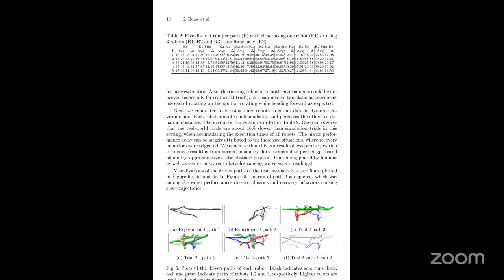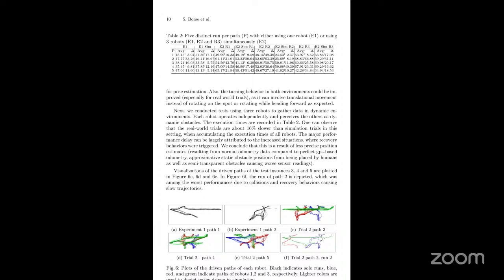They have operated three robots simultaneously. And each robot considered the other robots as dynamic obstacles, and based on that, they did the navigation. So E1 represents the real robot. E1 sim means this is the simulation robot.